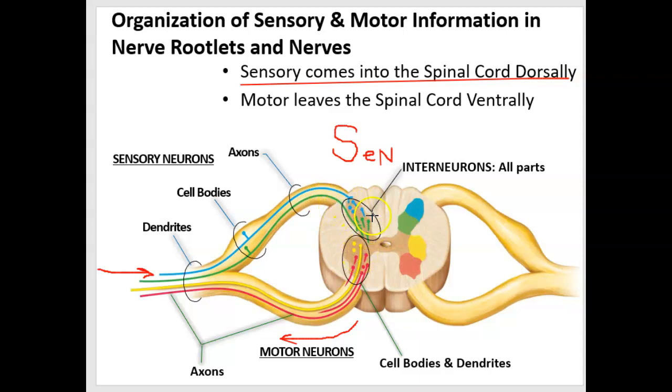matter. Now the gray matter that's there is actually due to the cell bodies of not a sensory neuron, but the cell bodies of an interneuron. And I'm going to go over that a couple more times, but that's why it appears gray, not due to the sensory neurons, but due to the presence of interneurons.